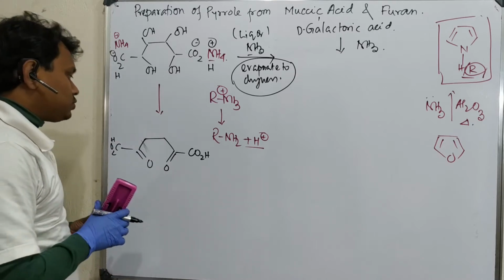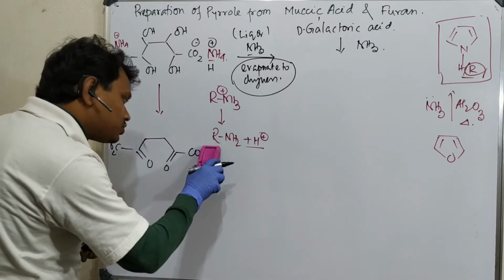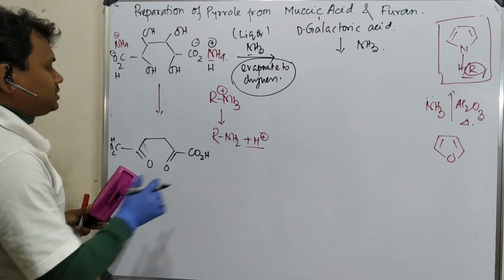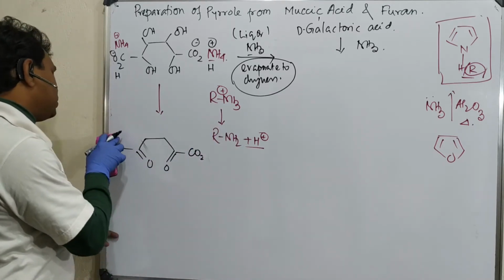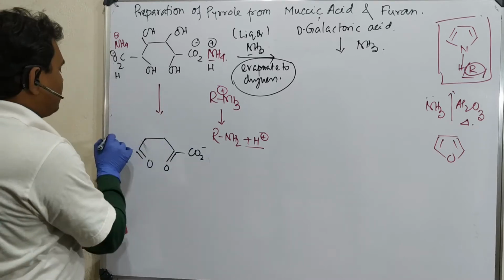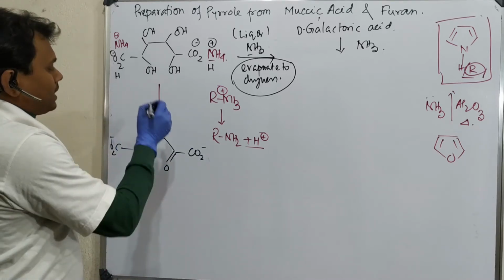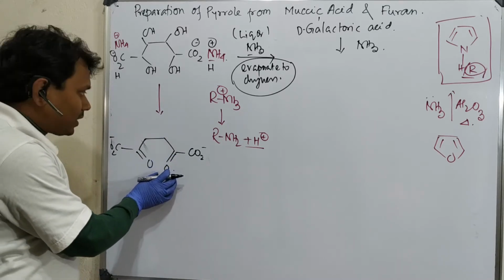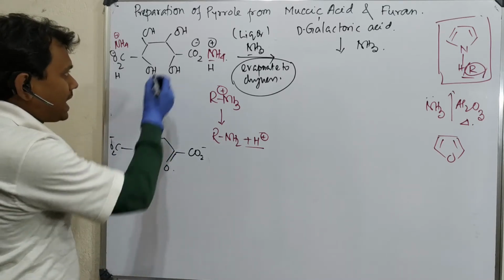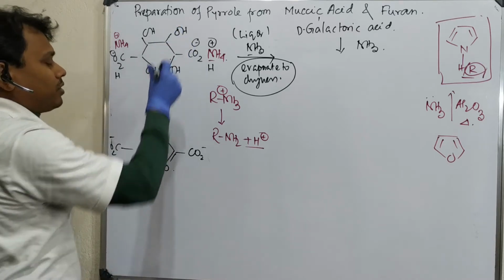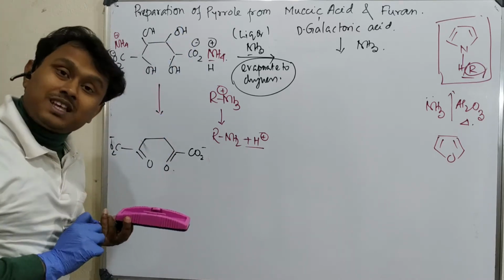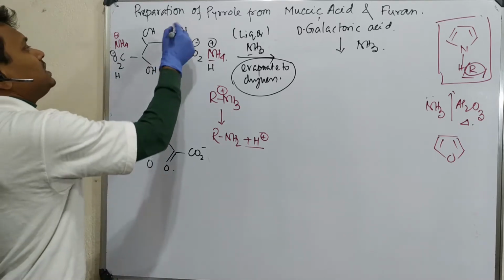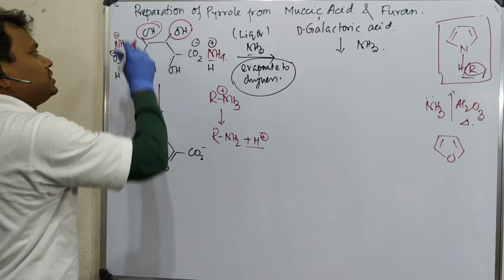Since we have taken the ammonium salt, I am not focusing on that, but just think CO2. Now see, 1,4-dicarbonyl, so dicarbonyl I have written. Another thing: previously all were single bonds, and right now there is a double bond. It means some elimination occurred. Who has eliminated? These two OH have eliminated.